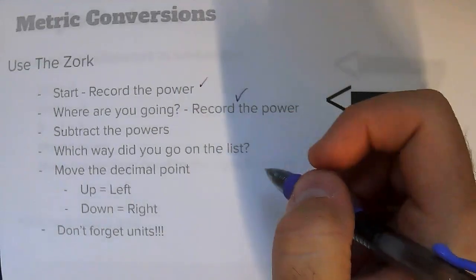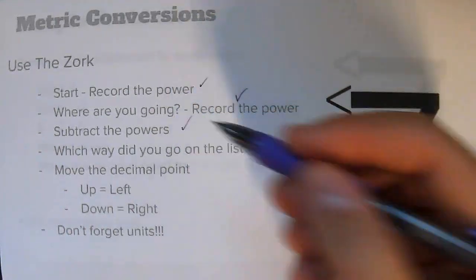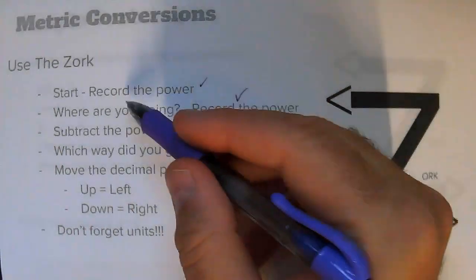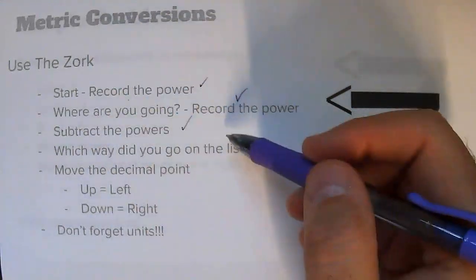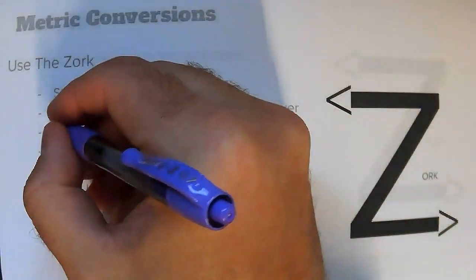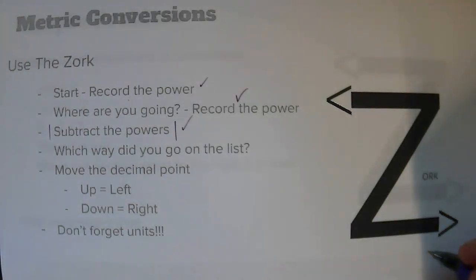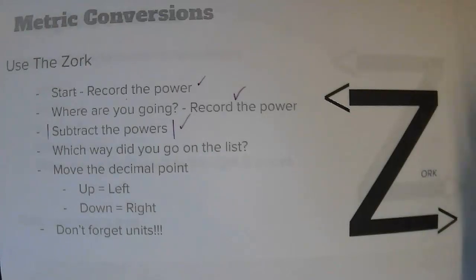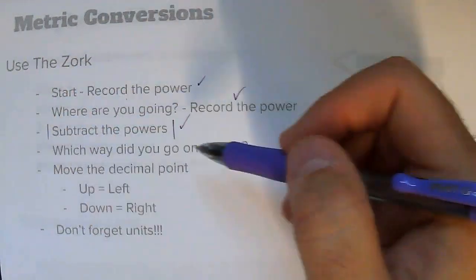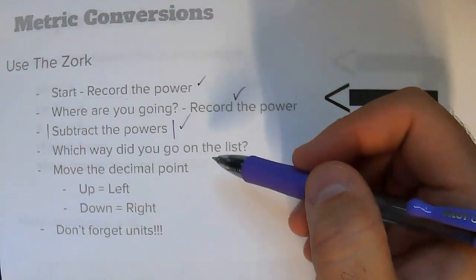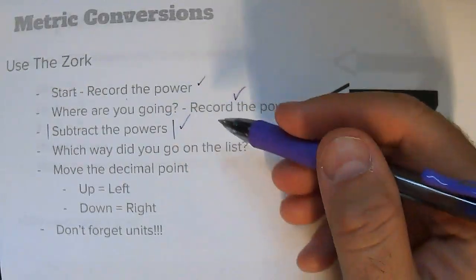Then you're going to subtract the powers. It doesn't matter really which way you go, because you're just going to take the absolute value of that subtraction. We talked about absolute value with percent error. So you're just going to figure out what it is without being positive or negative.